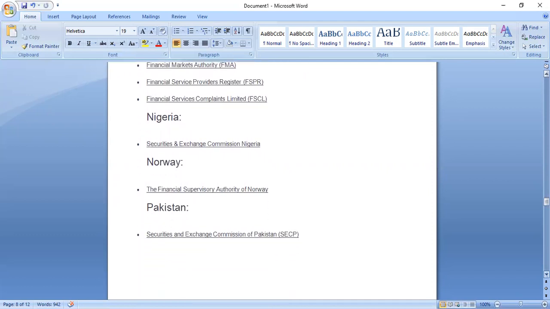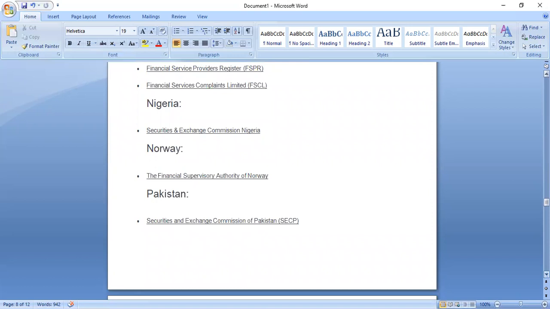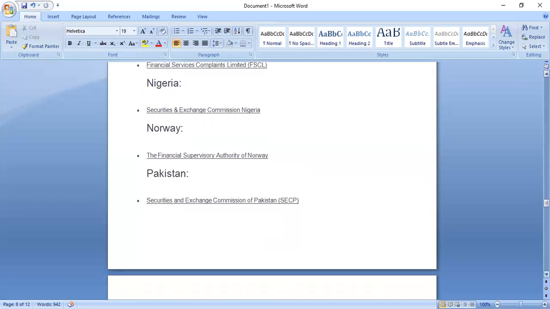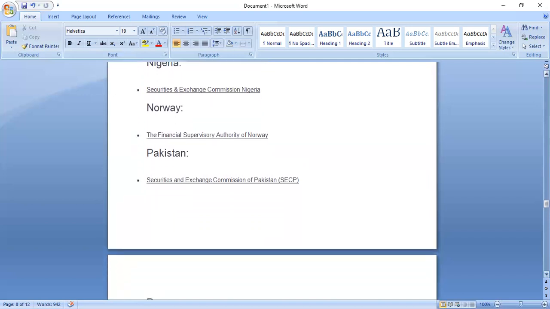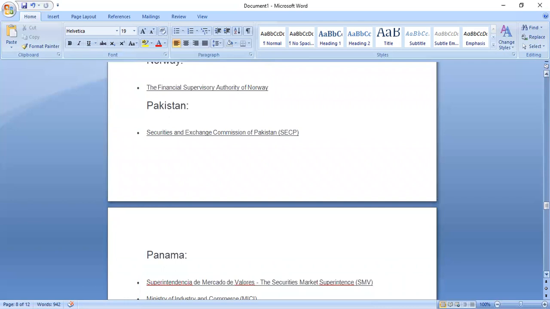In Nigeria, we have the Securities and Exchange Commission, Nigeria. So, hey, my friends from Nigeria, this is an institution that regulates forex activities in Nigeria. Norway, in Norway, we have the Financial Supervisory Authority of Norway. In Pakistan, we have the Securities and Exchange Commission of Pakistan.